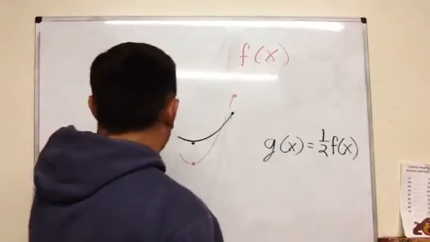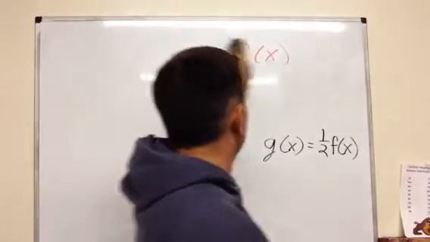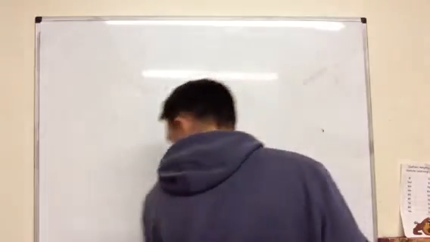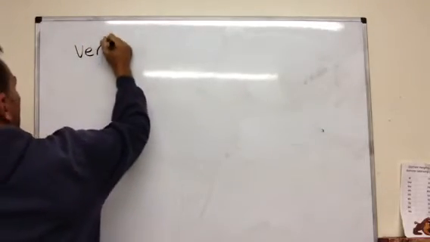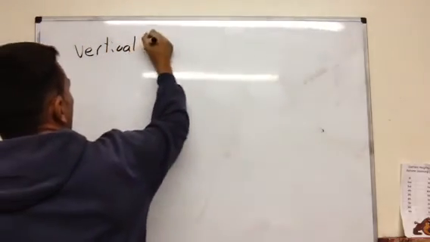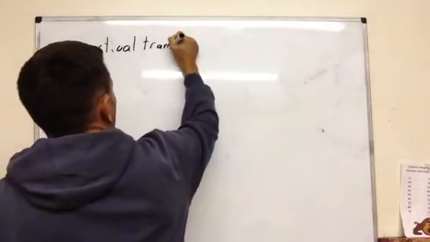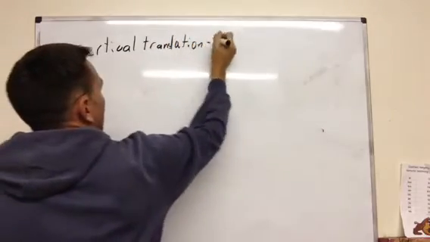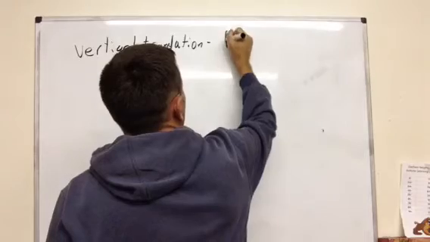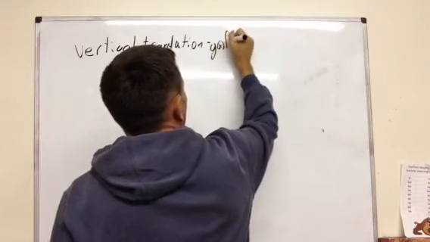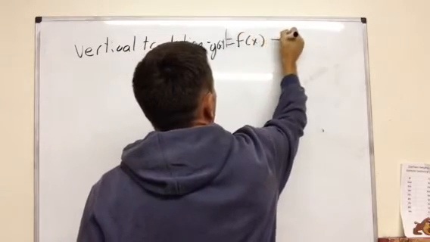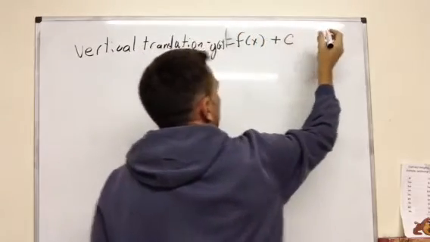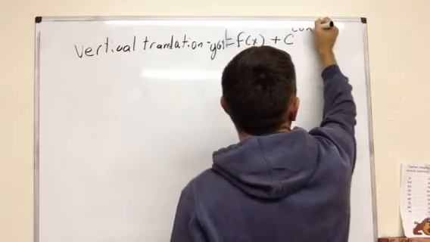Now I want to review everything that we've done so far. So we did vertical translation. This was g of x equals f of x plus c. And c is going to be a constant.